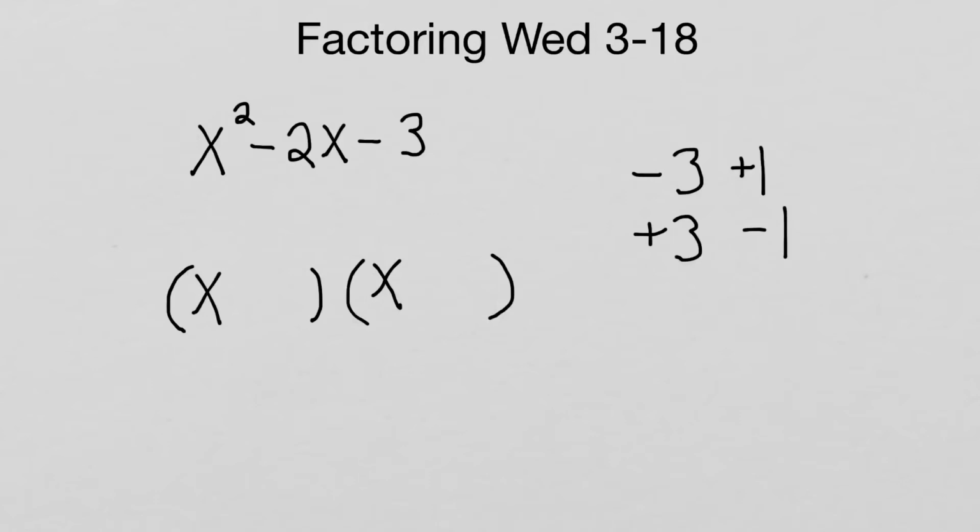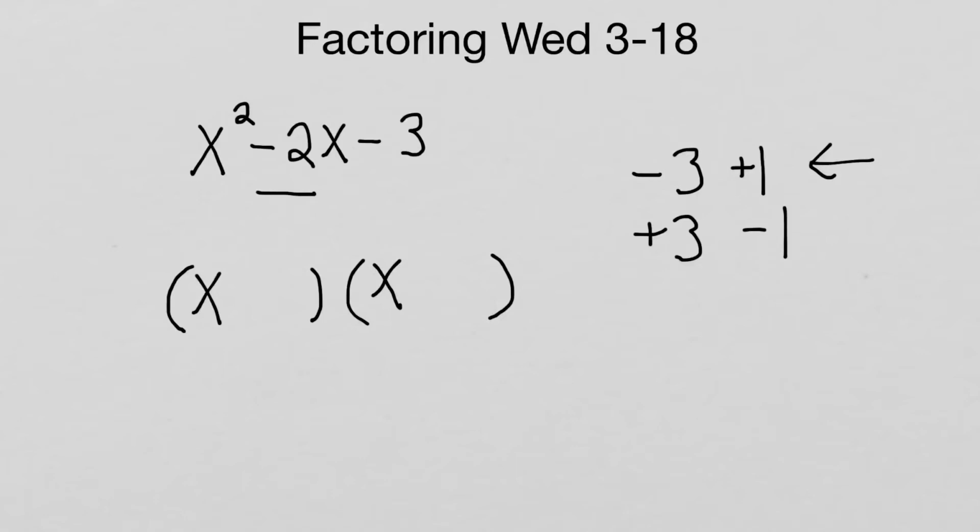Now, it's guaranteed that one of those two sets is going to add together to give me negative 2. So if we look at these, negative 3 plus 1 equals negative 2. That's the set I want.